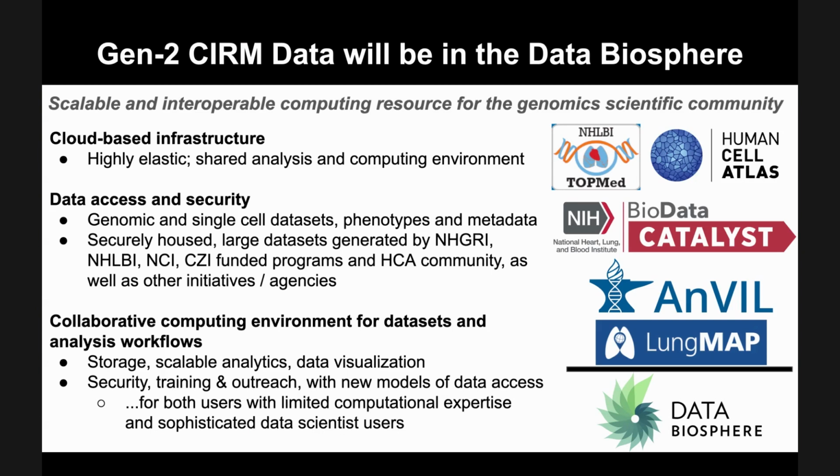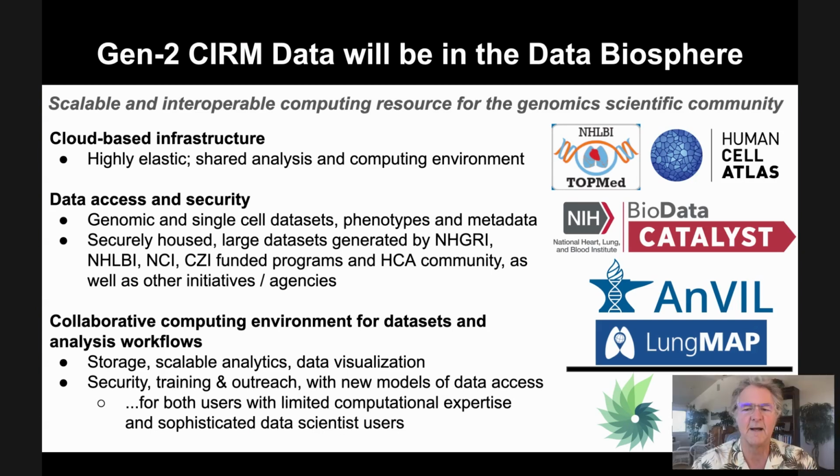All of these are in the data biosphere in the future, we hope. And there's a specific project that we're working with, and many institutions now are working with at NIH, called the Data Biosphere. It's important that NIH be able to share data from all of the different hub and spoke projects that Patty described, the data coordination centers.